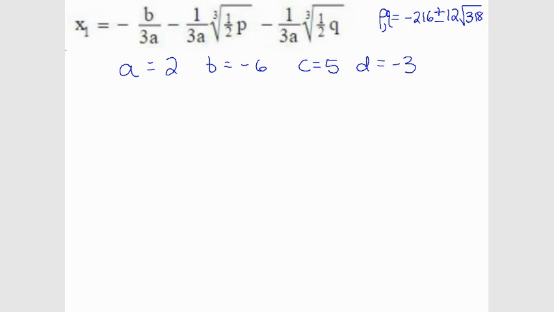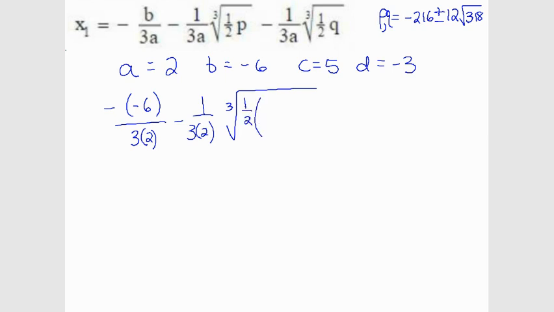Okay, so we have negative b, so that's a negative of a negative 6 over 3 times 2 minus 1 over 3 times 2 times the cube root of 1/2 times just the plus of that value.